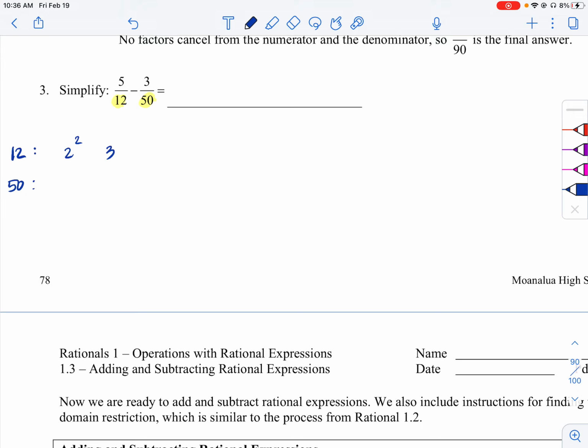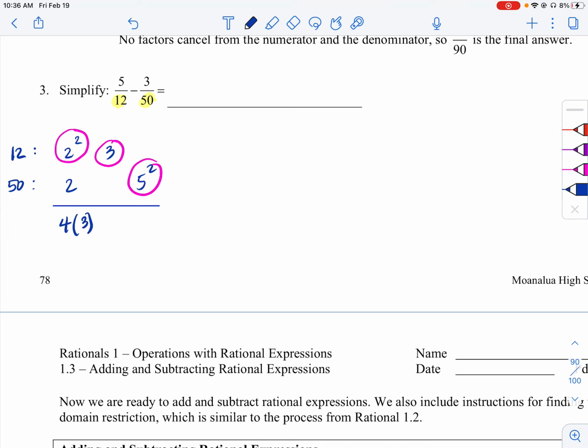And then 10 is 5 times 2. Let's write that down. We have 50 is 10 and 5. And then that is 2 and 5. So that is a 5 squared and a 2. Okay? And then who wins in here? 2 squared wins, 3, and 5 squared.